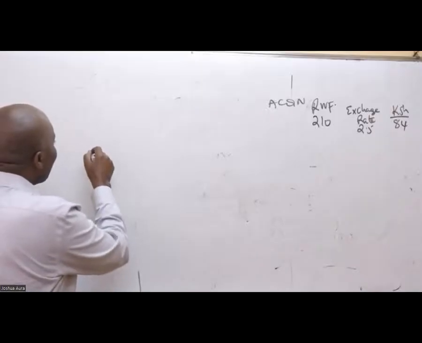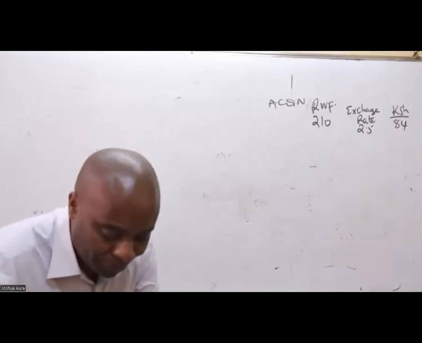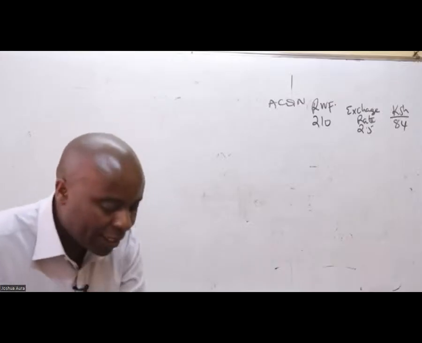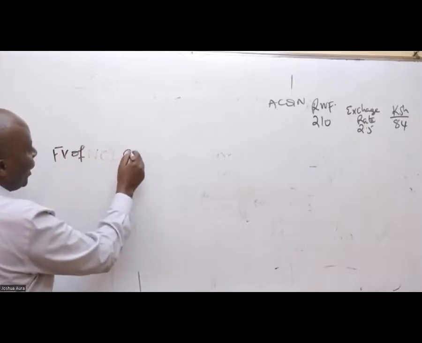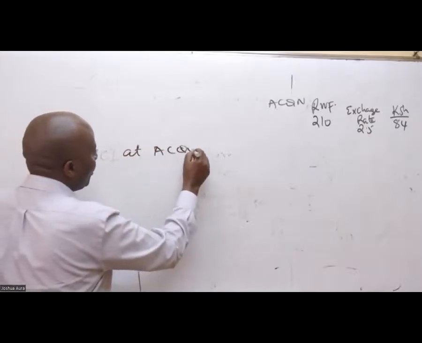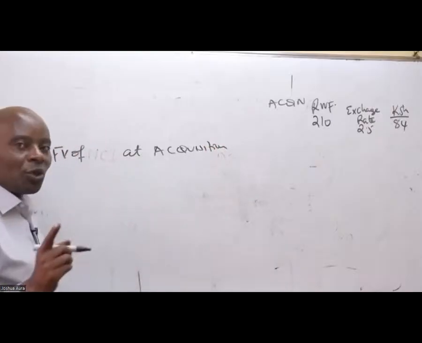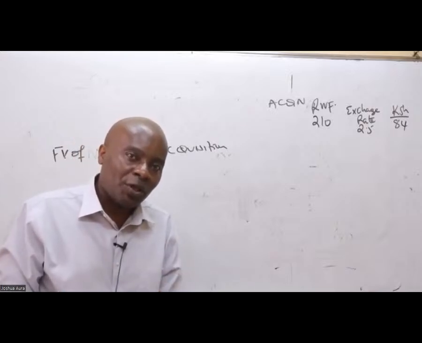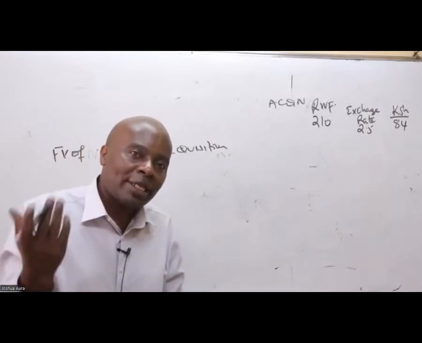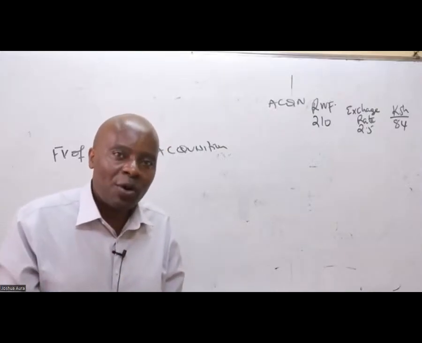We have the fair value of NCI at acquisition. So at acquisition, we shall look at how many shares these guys have. 10 shares. The market is willing to accept these shares at how much? Maybe 20. So take 10 times 20, 200.